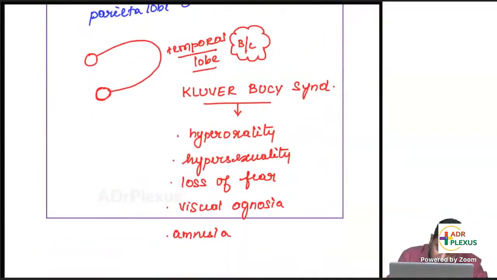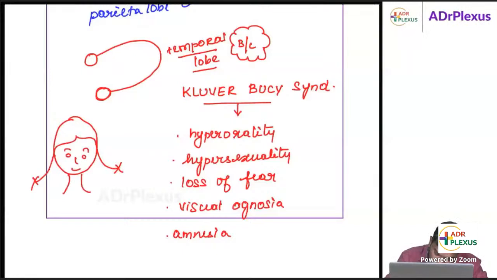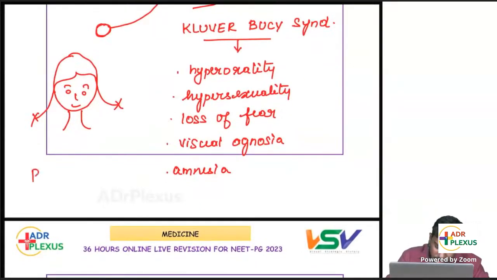Now a person is going to come to you and this person is not able to recognize his girlfriend. He can recognize the girlfriend's voice, but not the girlfriend. It is going to be prosopagnosia. In prosopagnosia, where is the lesion?